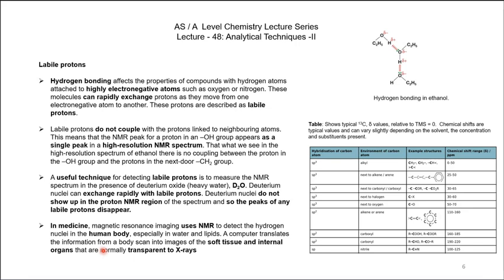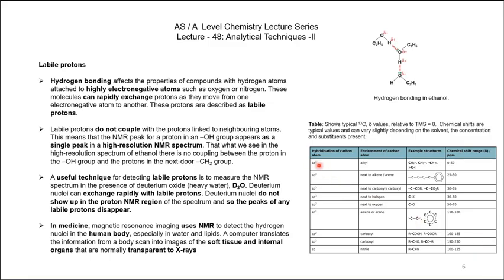Well, one thing we also have to say is that chemical shifts have typical values, but they can vary a little bit, because of what sort of solvent we are using, what the concentration is, and what substituents are present. This is a table which shows the chemical shift we expect for each carbon type.